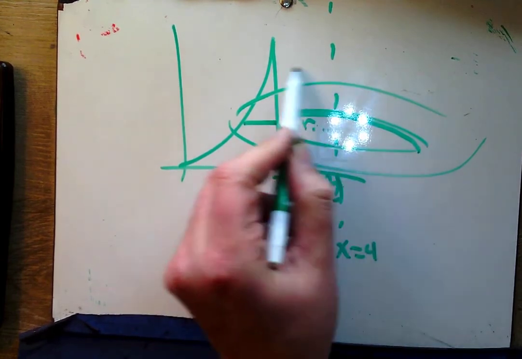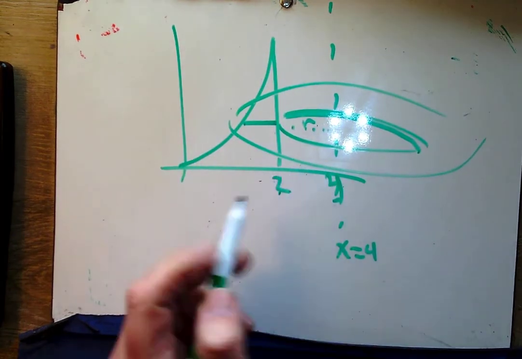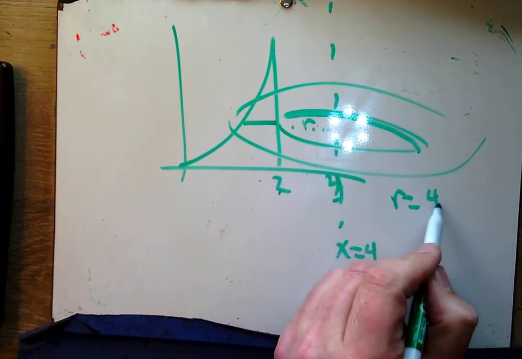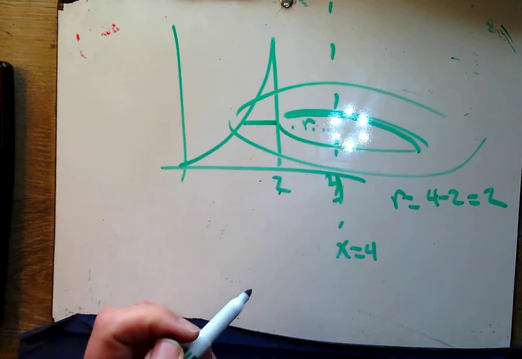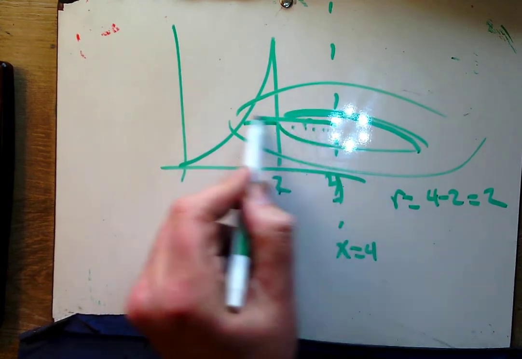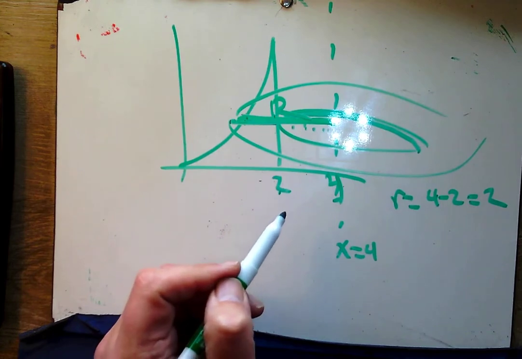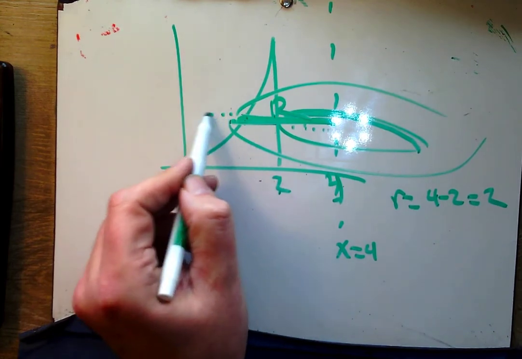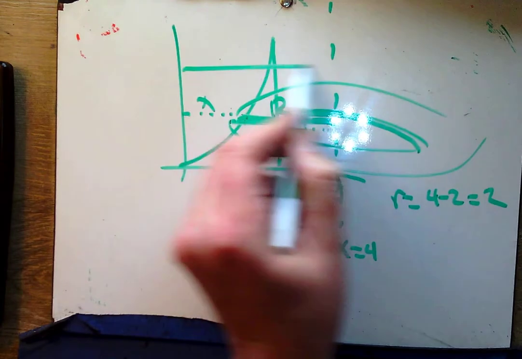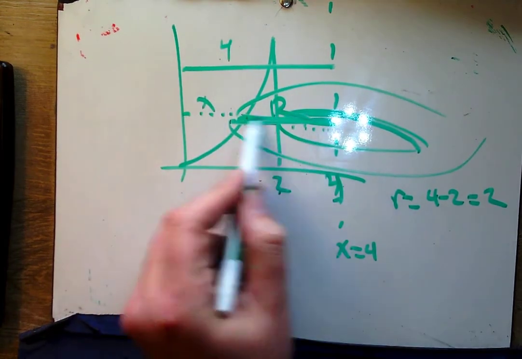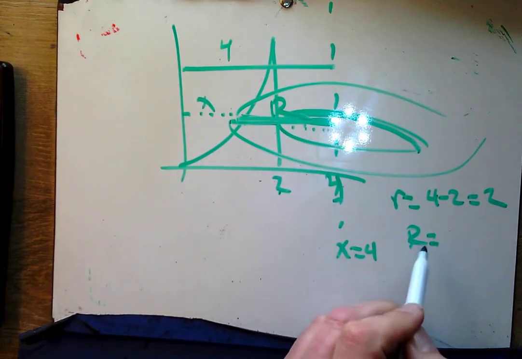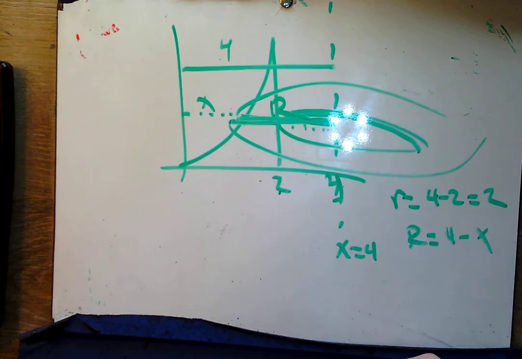Little r is always just a constant, 4 minus 2, or 2. But what about big R? This is big R. Well, it's not x. This is x. This is 4. So big R is 4 minus x.